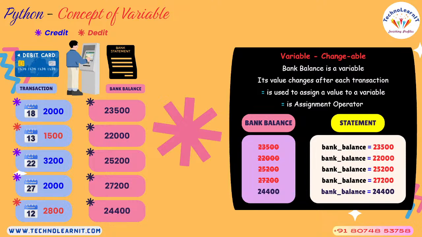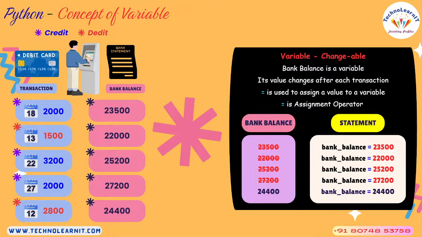However, the values on the right hand side, which are 23,500, 22,000, 25,200, 27,200, 24,400, you know what all these are called? These are constants. Constant means wherever you use it, its value is intact.